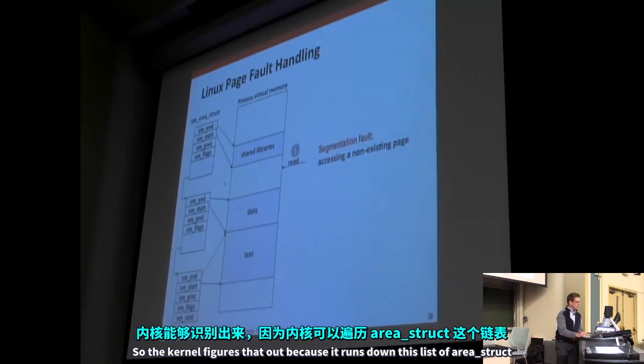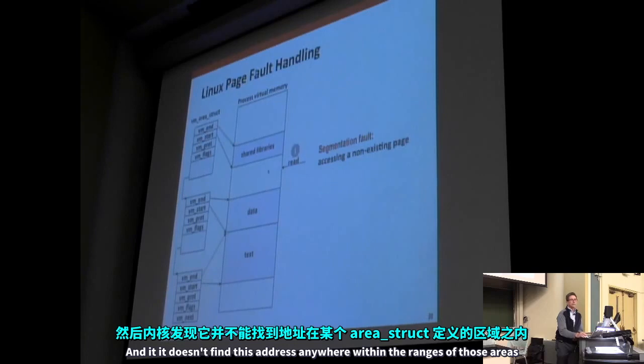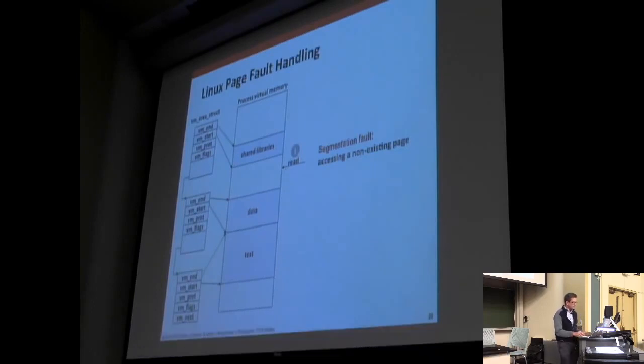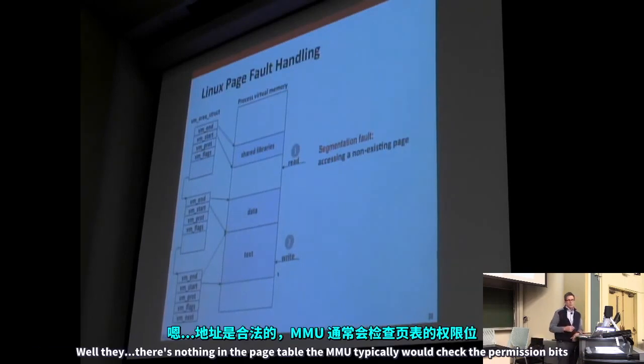So the kernel figures that out because it runs down this list of area structs, and it doesn't find this address anywhere within the ranges of those areas. So that's a seg fault caused by accessing a non-existing page. Another possibility is that the instruction is attempting to write into a read-only segment of the virtual address space. Well, there's nothing in the page table.